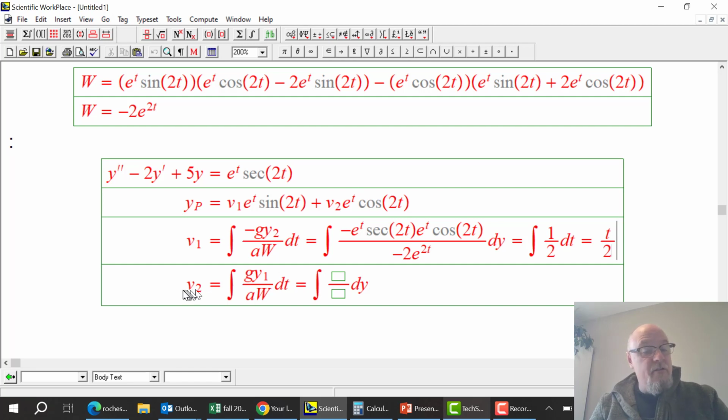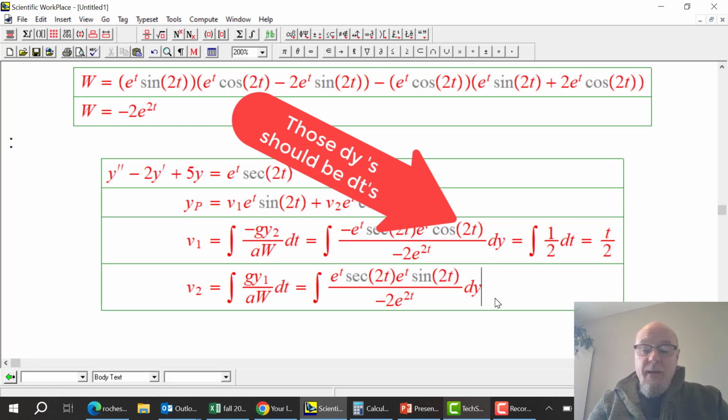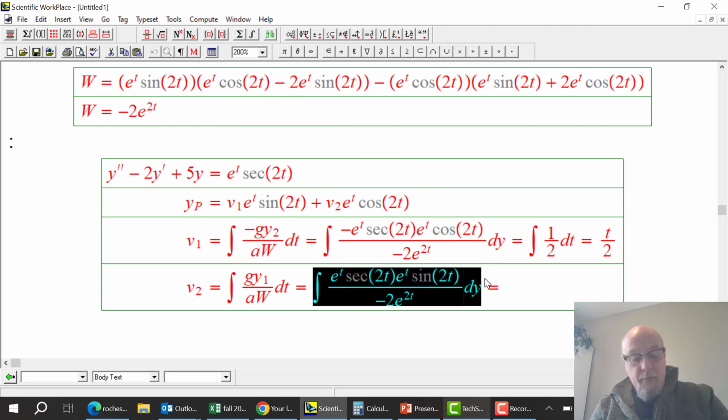The second integration for v2 is going to equal to g, the target function. So no minus in the v2 piece. There is a minus in the v1 piece. So g times y1, so our y1 is e to the t, all divided by a, which is 1, times the Wronskian. So now I have to do this integration. This one doesn't simplify down as much, but let's see what we do get.